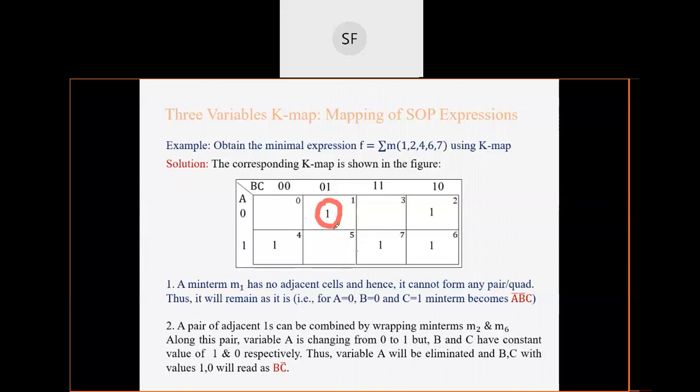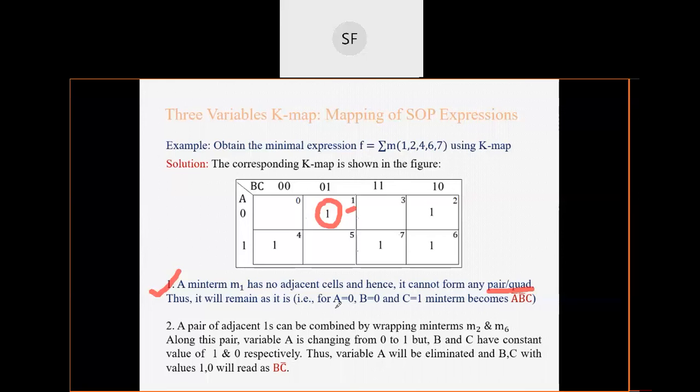So this particular min term m1 will be called an isolated min term, and it cannot be reduced. So whatever the coefficient for the corresponding min term is, it will remain as it is. You can observe in point number 1, min term m1 has no adjacent cells, hence it cannot form any pair or quad, right? Thus it will remain as it is.